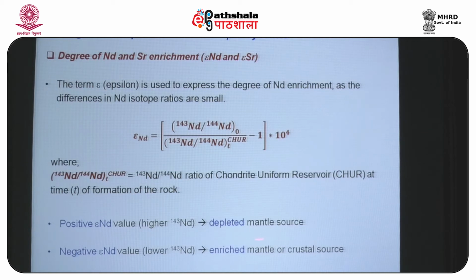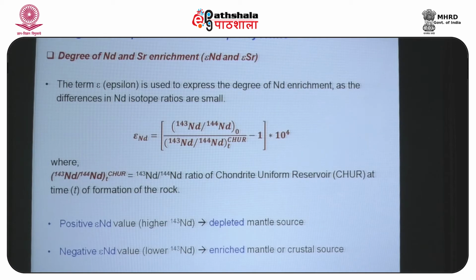As you can easily see from the equation, a positive epsilon Nd means that the initial 143 by 144 Nd is higher, meaning higher 143 Nd, so the rock or sample is derived from a depleted mantle source, because as we saw in the previous slide, a depleted mantle source has 143 Nd higher than the bulk earth or chondrite uniform reservoir.